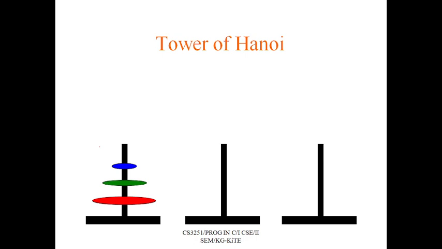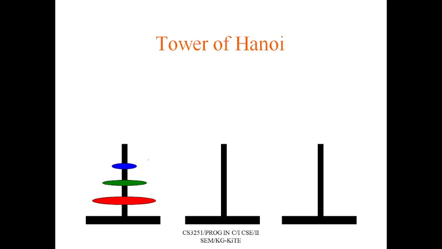For differentiating the discs, they have been colored in different colors. The red disc is the biggest disc, the green is smaller than the red one, and the blue disc is the smallest.